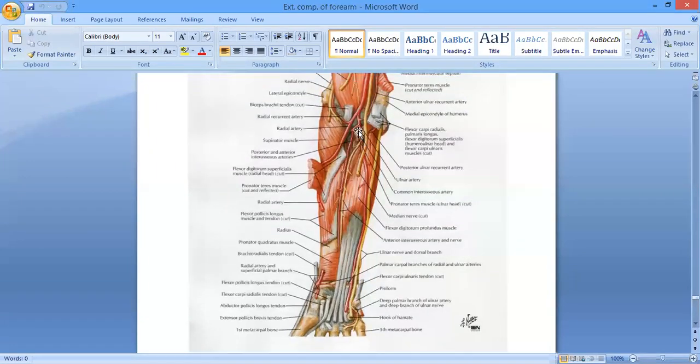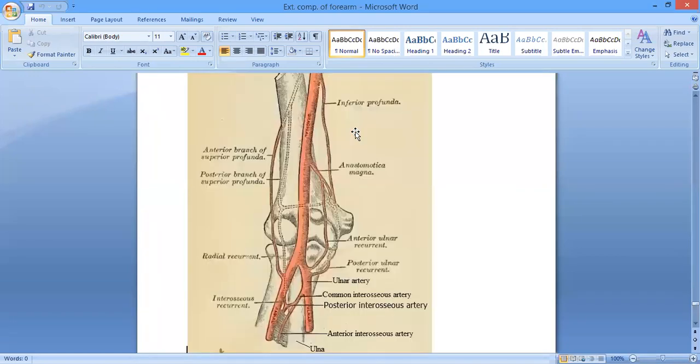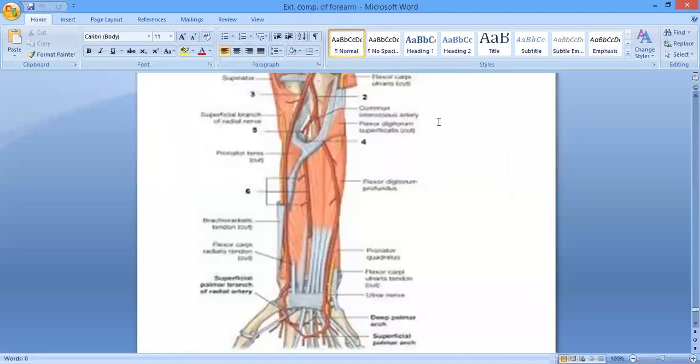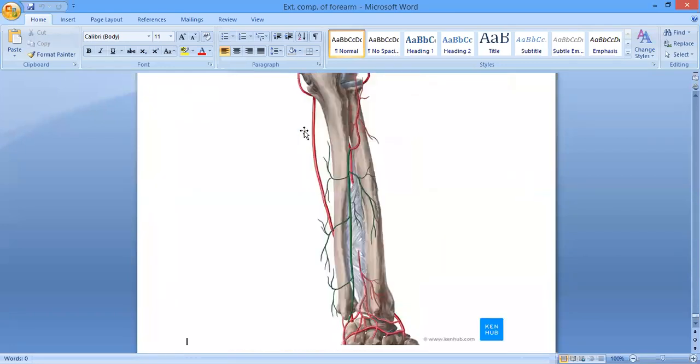This is the common interosseous, and it is going to give the anterior interosseous artery here, and the posterior interosseous artery is going to leave the anterior aspect and enter into the posterior compartment by passing between, here you can see, this is the oblique cord और interosseous membrane के upper margin से, ठीक है? इन दोनों के दरमियान में से it is going to pass, leave the anterior compartment and enter into the posterior compartment.